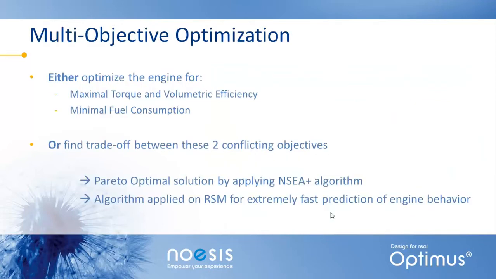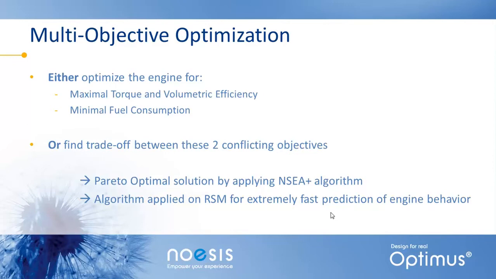Once we have such a response surface model, and once we have a good quality, we can start actually optimizing this. So we can either do a direct optimization, where we evaluate the model results directly with the WAVE simulations, or we can use the meta model or the response surface model to predict the engine performance and the fuel consumption.